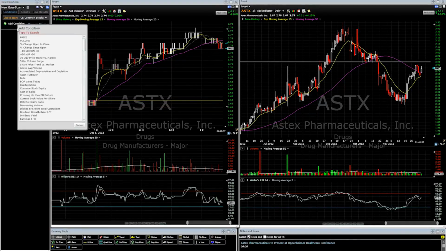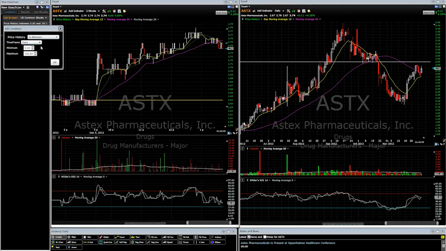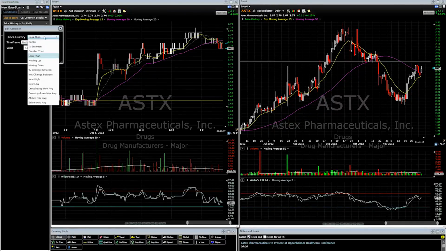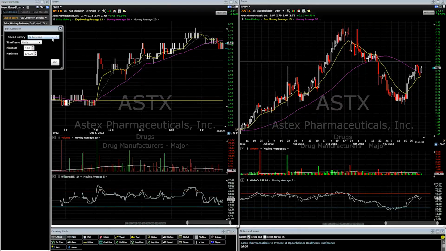You want to see what all stocks are moving because I trade on all exchanges. Another condition we want to see is price. I don't care about stocks that are trading at $100 per share. I mainly trade stocks between 50 cents and $15 per share. So we're just going to take price history, less than price history on the daily.